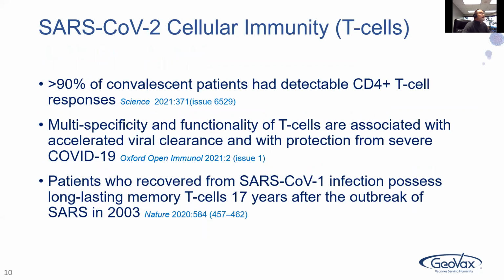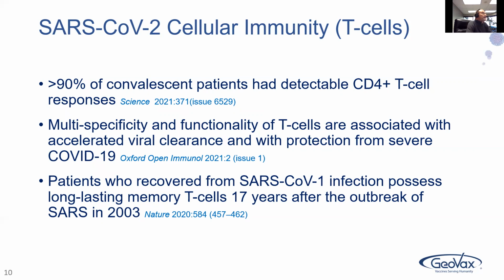Now, what do we know about T-cell immunity? So in the coronavirus system, or CoV-2, it's similar to antibodies in that T-cell responses are readily detectable in 90% or more of convalescent patients. So patients that have recovered mostly have CD4 responses. That's the predominant T-cell response, but we also see significant CD8 responses.